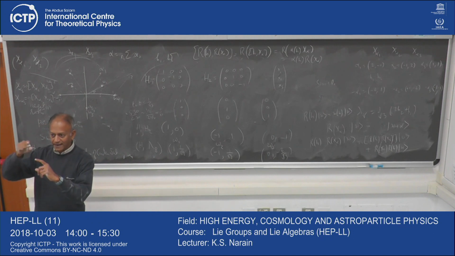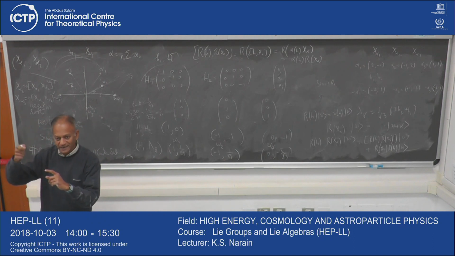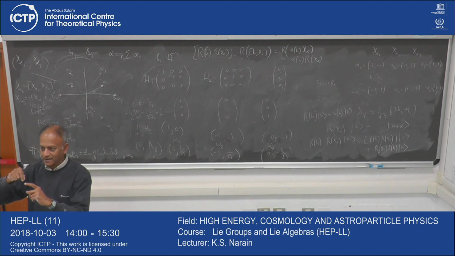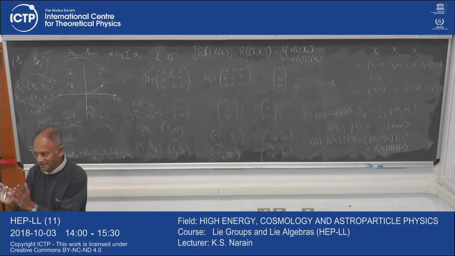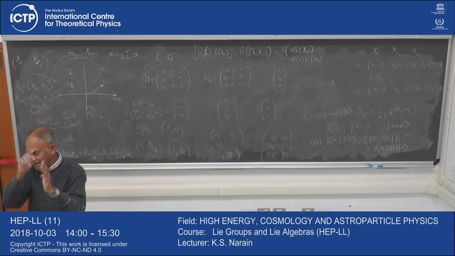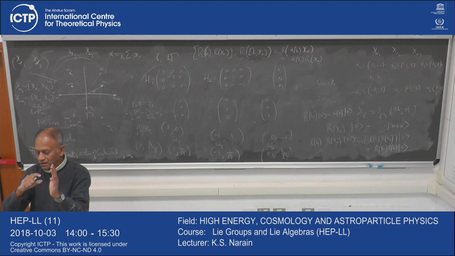To write this in SU2, to get integers, we divided by 1/2 of sigma 3. Here we are not dividing. H1 was just the sigma 3 part in the top 2 by 2 block. We didn't divide by 2.